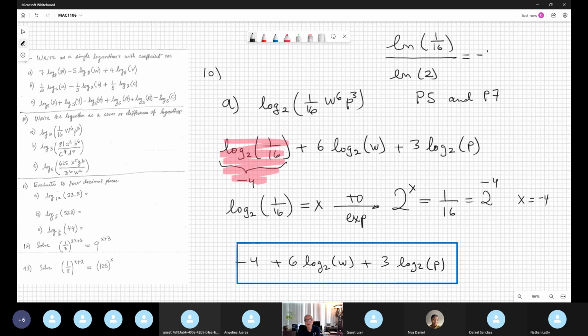And you put it in the calculator and you get -4. So actually, I convert this non-standard base 2 to a standard base, maybe ln or log, either way. Another student prefers using log. Okay, so you put log in the top and the bottom, we get the same answer.